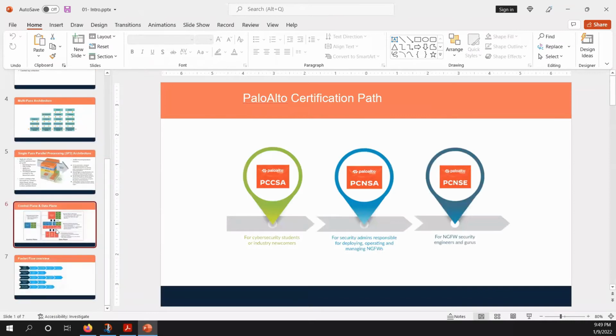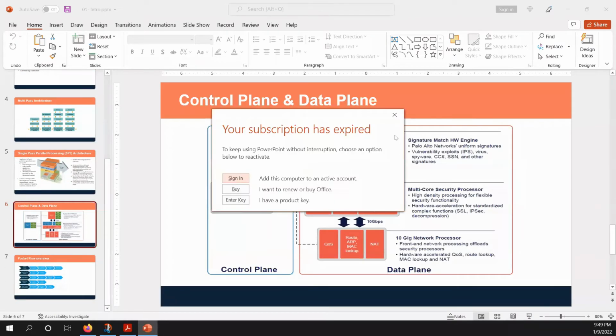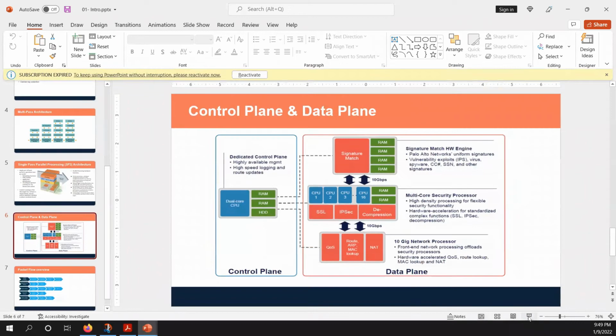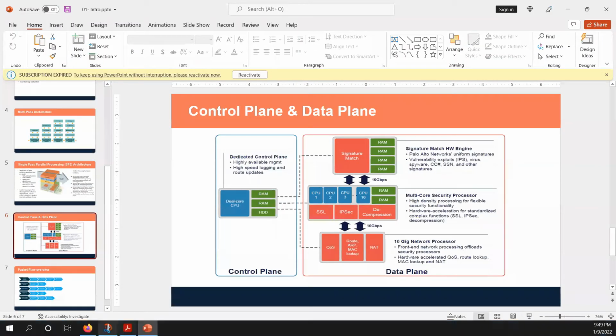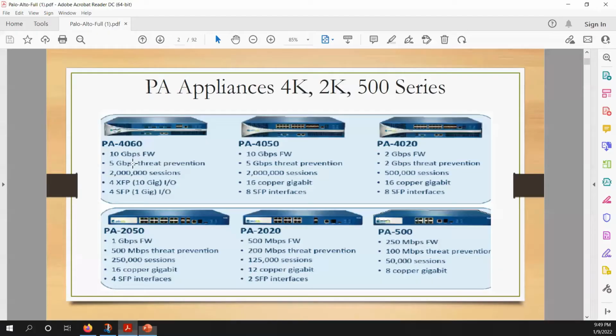So if you see this one, we have dedicated hardware for all the functions. There is a data plane and control plane to perform all these things. There is dedicated hardware, as I told you earlier. So what is functioning over here for these additional things? Threat prevention.